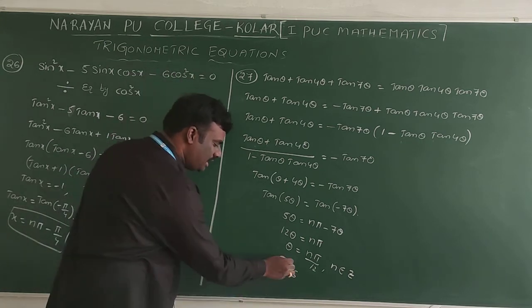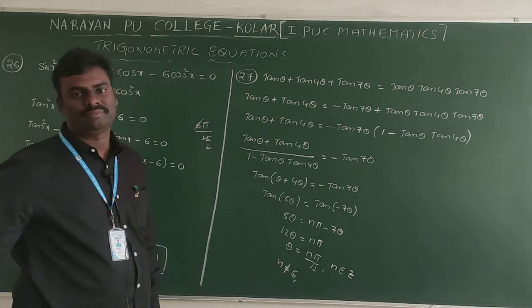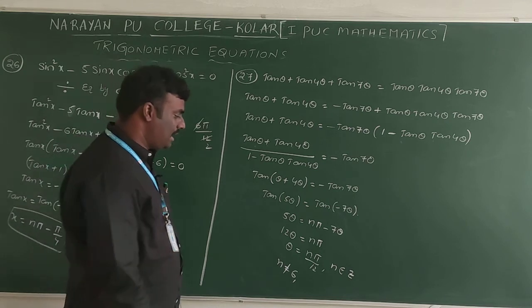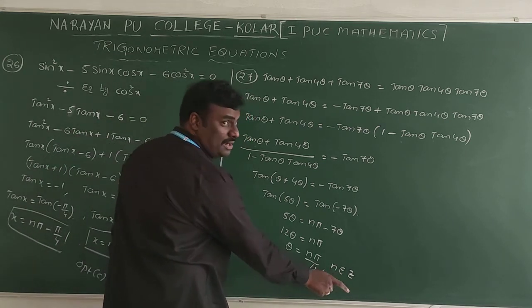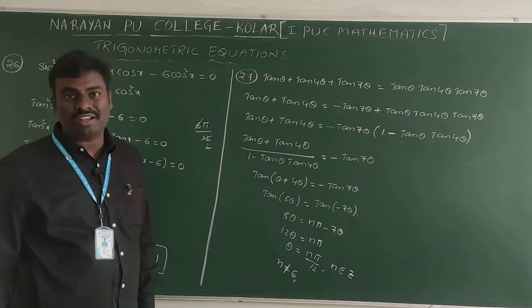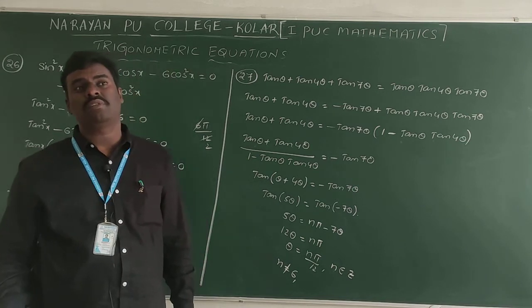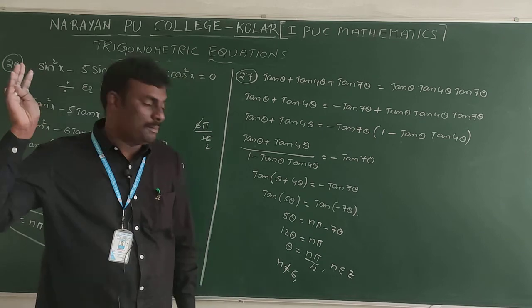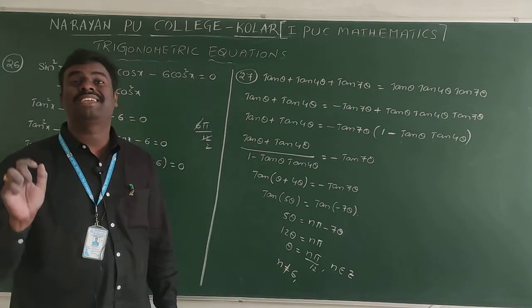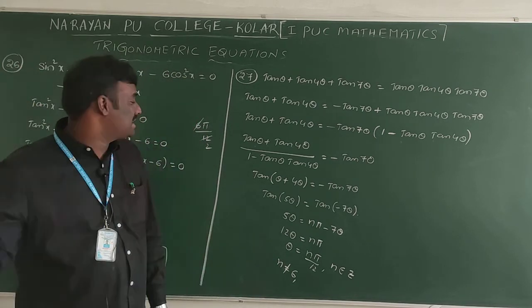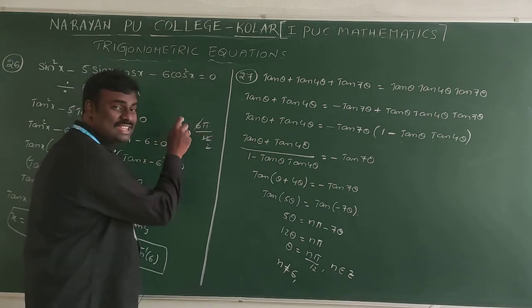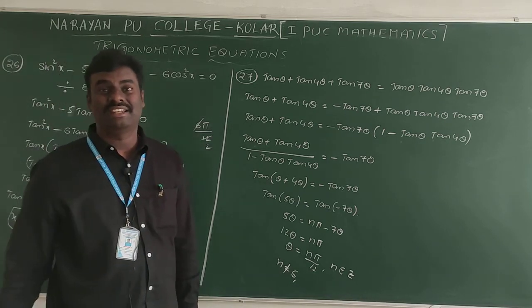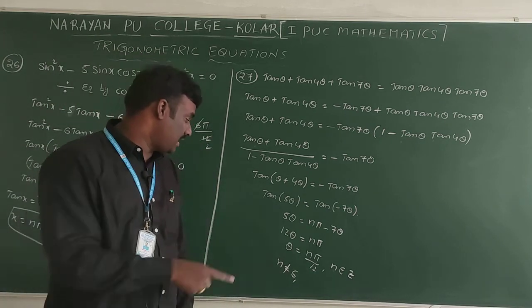That's why you don't take n equal to 6. But what is the condition here? n belongs to Z. Z means integers, so you can take 1, 2, 3, 4, 5, 6. But I am telling you, don't take 6, because if you take 6, the angle is 90 and tan 90 is not defined. That's why option A is not correct.